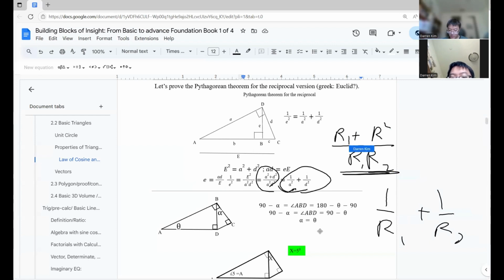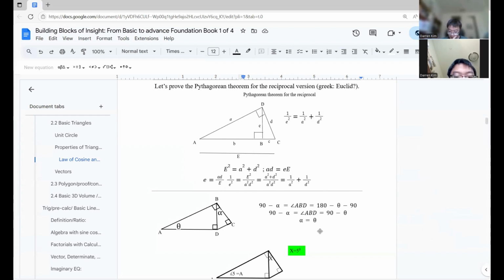So I knew this off the bat in my head, but this is a classic resistor question. If you didn't know that, you can multiply D square.